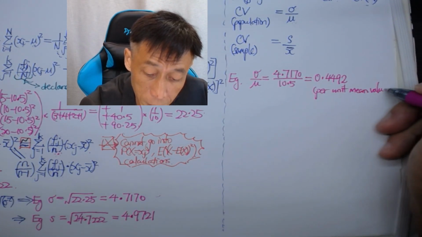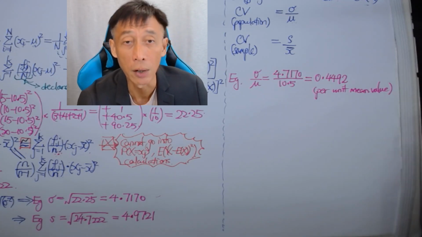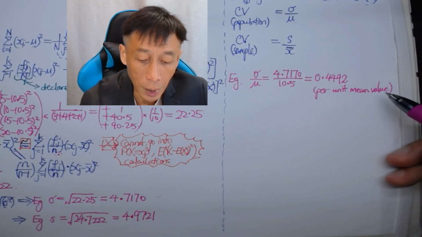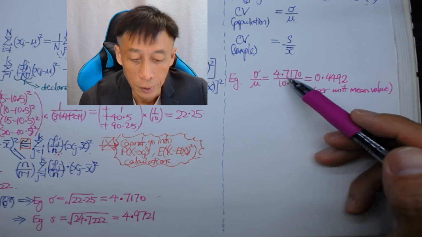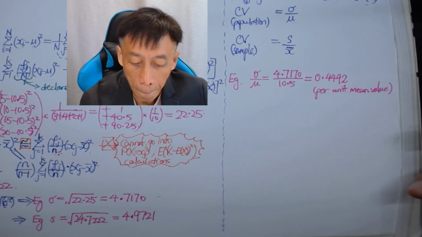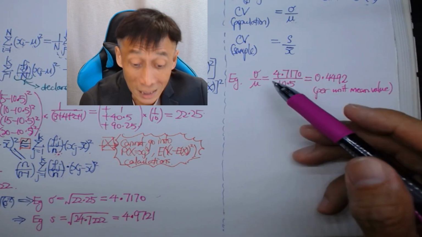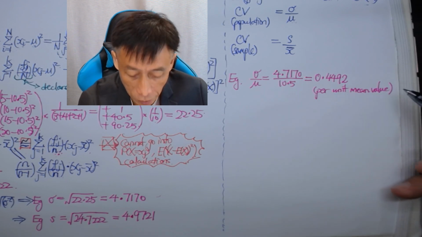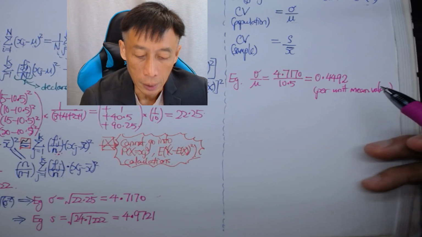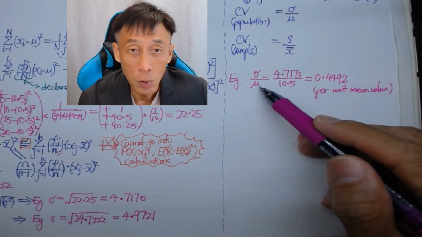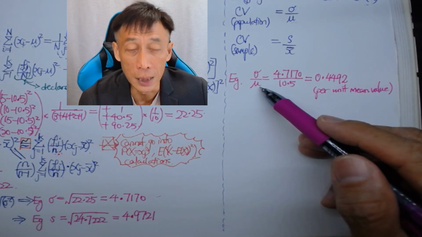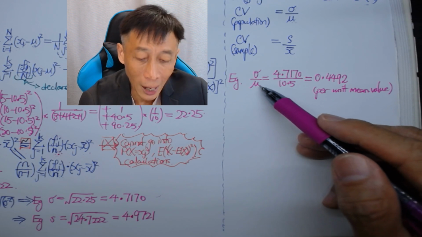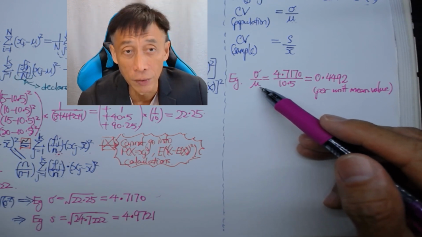So if the DBS stock price has a mean value of $40, then the CV is going to be unitless, but it is taken as per unit mean value. The standard deviation and mu will have the same unit as the data itself.